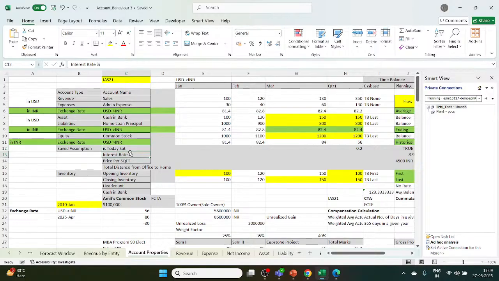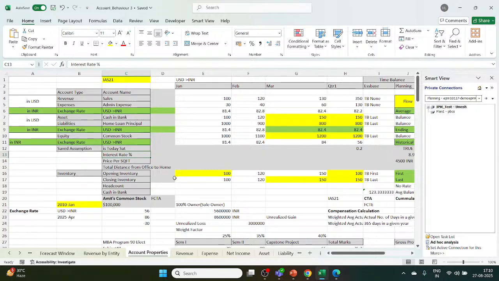There are some of the drivers which we assume for the purpose of calculation. So that kind of driver, when we use it, it's our saved assumption here. Here the inventory is opening inventory, closing inventory, head count, cash in bank. So these are all our account types which we have revised.